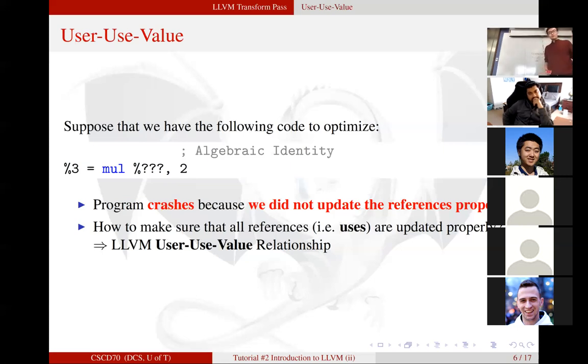Well, they do not have to be. And in order to check for that case, you also have to rely on this user-use value relationship, because there are many use cases where you want to keep track of those use references when optimizing our program. Okay, is this clear to everyone?